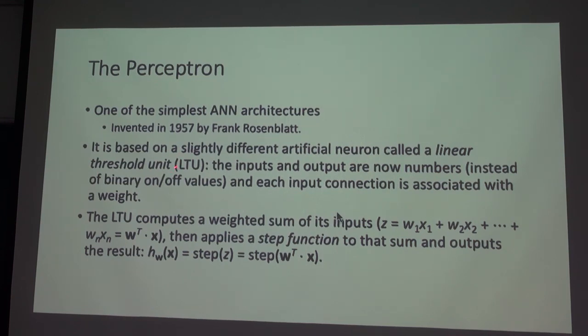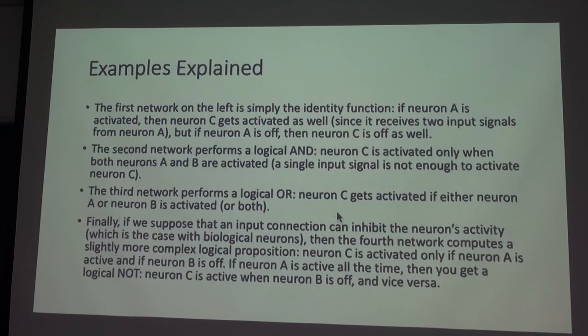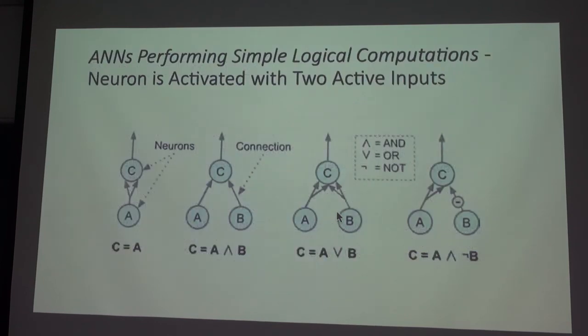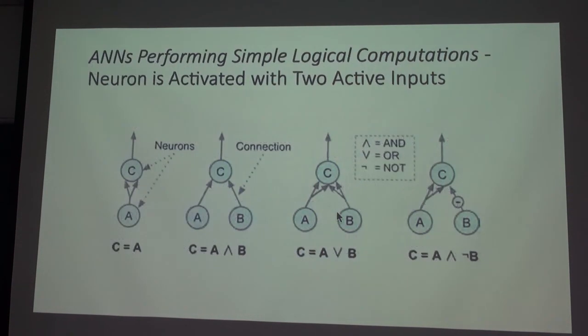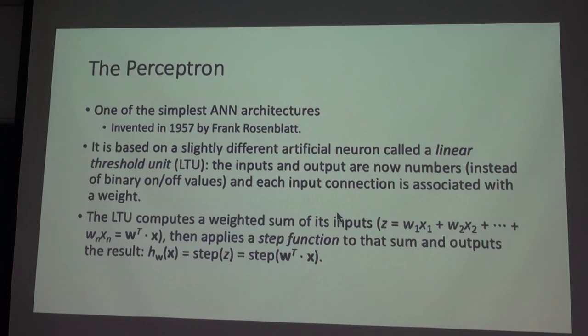Here the input and output are now numbers, instead of binary on-off values. So this is not the model McCulloch and Pitts proposed previously. This is a little more complex. Each input connection is associated with a weight. In some sense, it's closer to the ReLU that we have talked about.